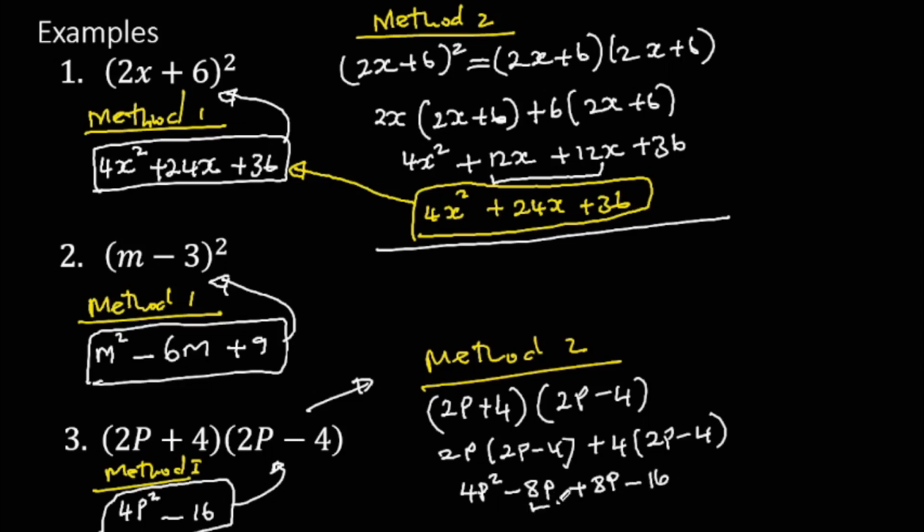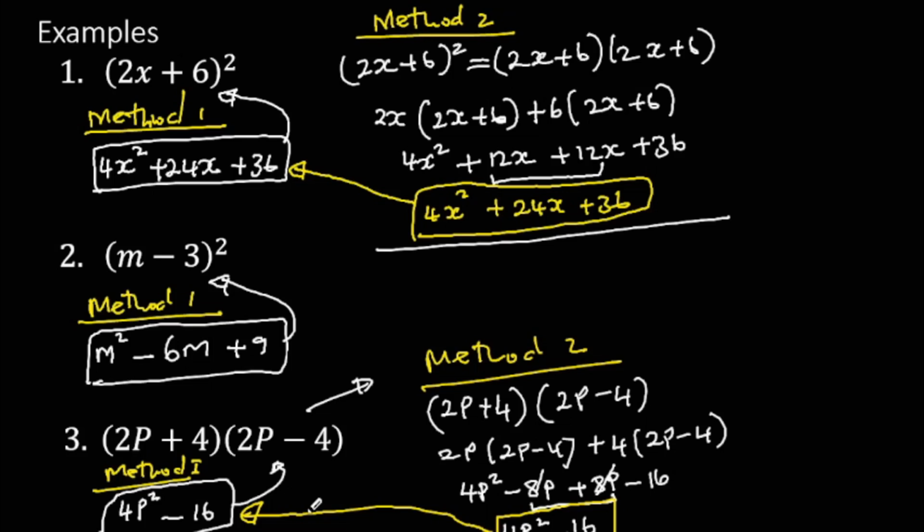When you put the like terms together, we have negative 8p plus 8p. They are going to cancel out. Therefore, the final answer is going to be 4p squared minus 16. And that is going to be our final expanded form of our bracket. It's the same as what we got when we used the quadratic identity expansion technique.